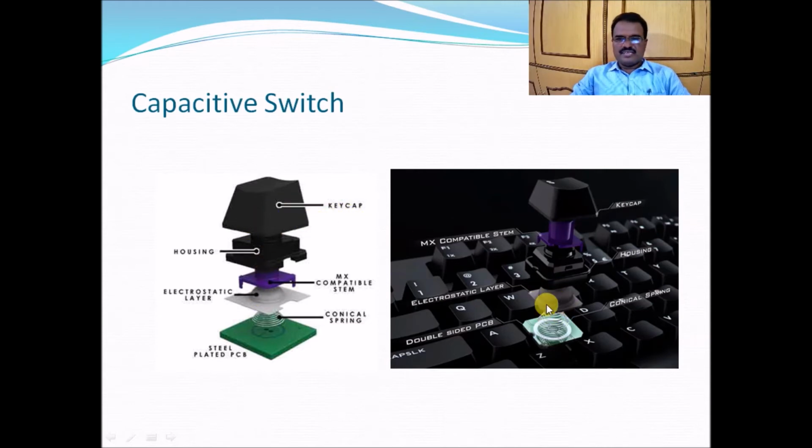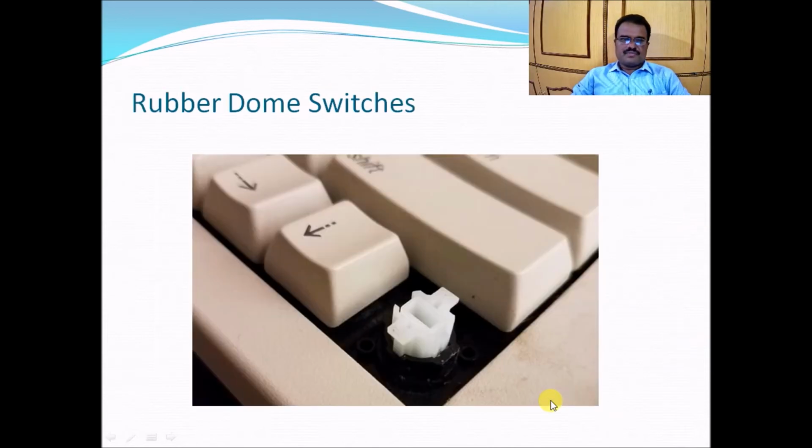Here also you can see a capacitive switch, with a double-sided PCB, the printed circuit board. There is a conical spring, and this is the housing. Here we have the electrostatic layer, the compatible stem, and also the keycap. So this is called a capacitive switch.